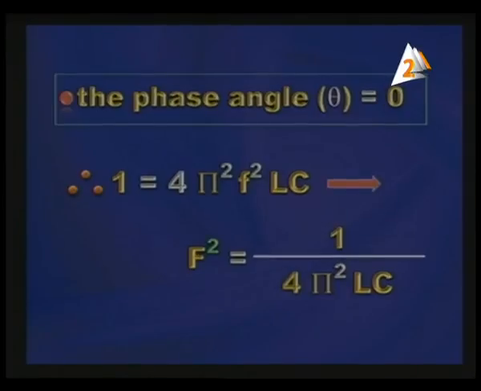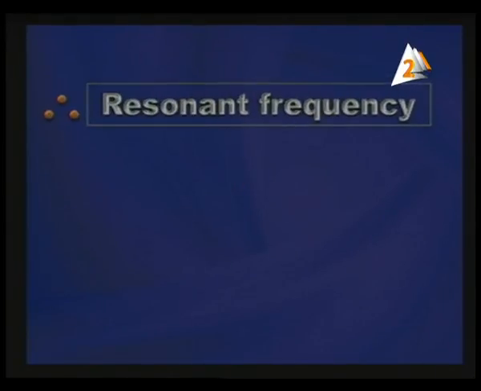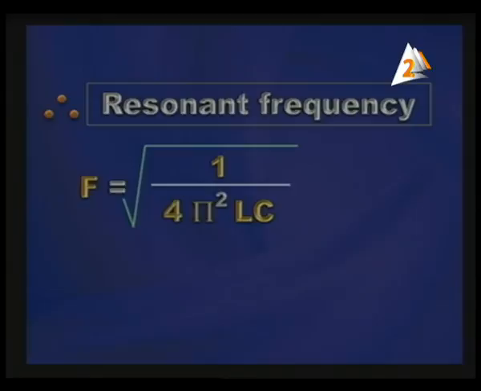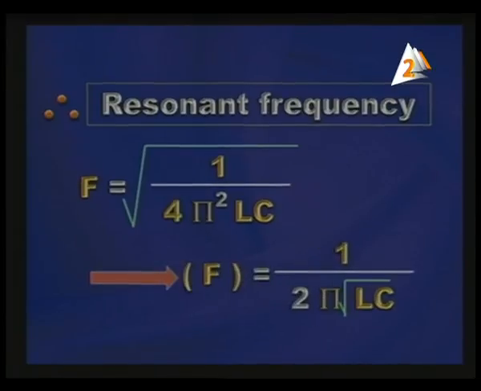And the frequency squared will be 1 over 4 pi squared LC. So the frequency at which resonance occurs, we call the resonant frequency, and it is equal to square root of 1 over 4 pi squared LC. So the resonant frequency is equal to 1 over 2 pi square root of L times C.